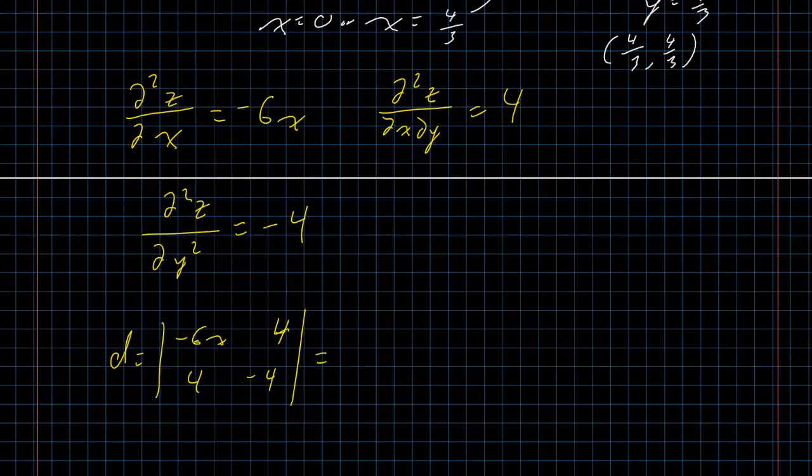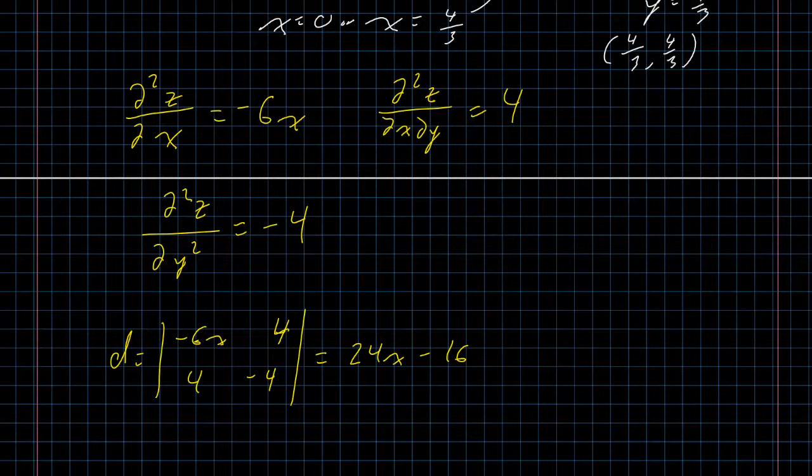Normally, my next step would be to plug in the values of x and y, but this one's not too bad, so I'm just going to keep going. If these were nasty, I would plug in values of x and y now and then take the determinant multiple times, but this is pretty straightforward. I just get 24x minus 16.